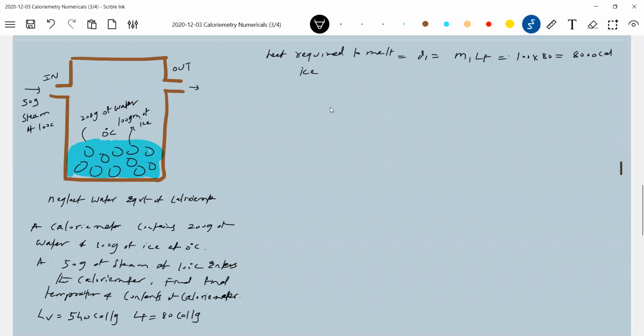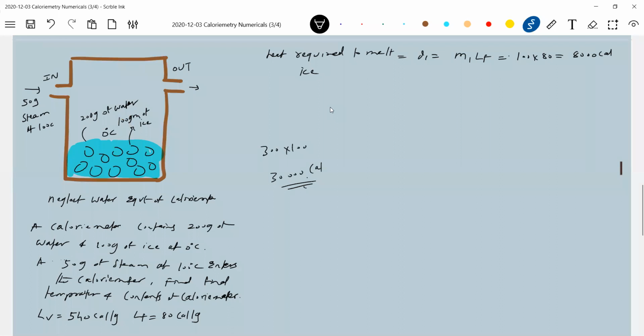I think it's quite simple. 200 plus 100, 300 is there. Specific heat of water is 1. So 300 into 100, 30,000 calories is needed for the whole temperature of the calorimeter to rise from 0 to 100.